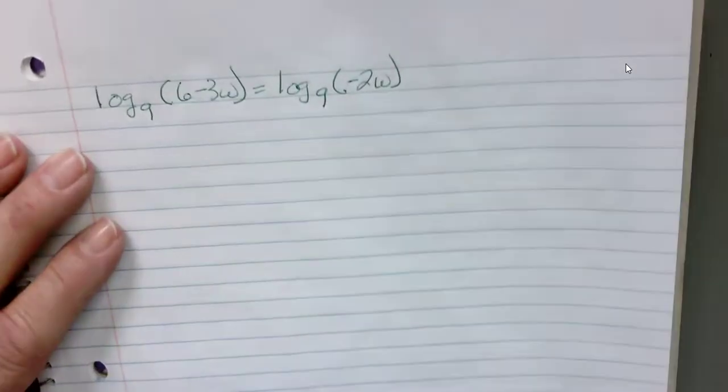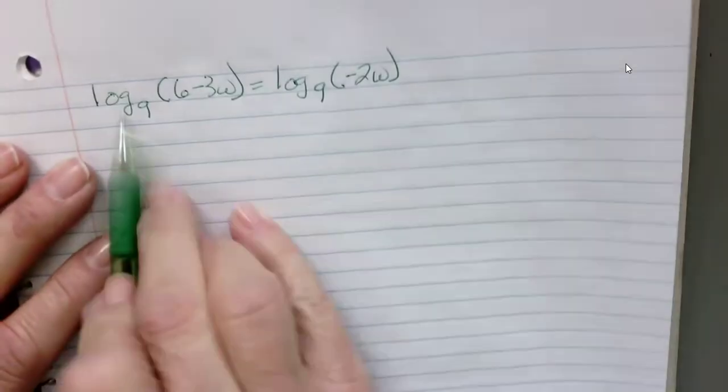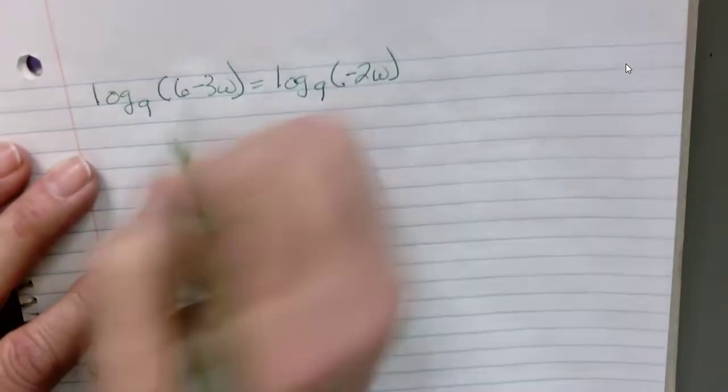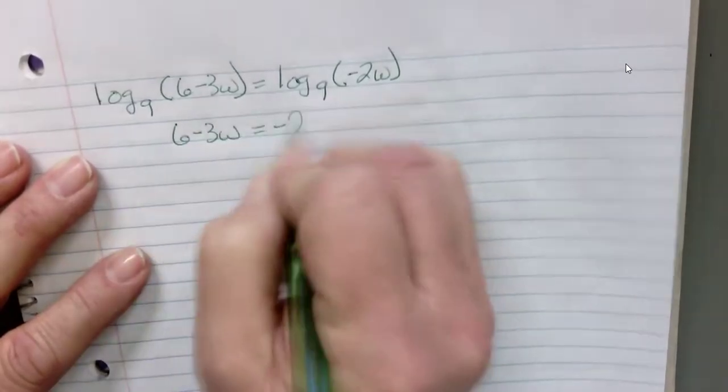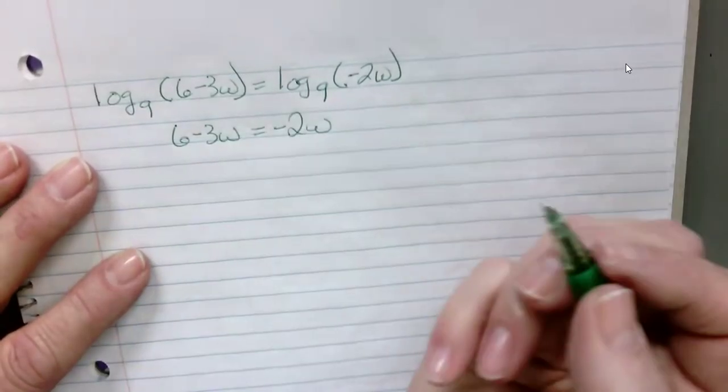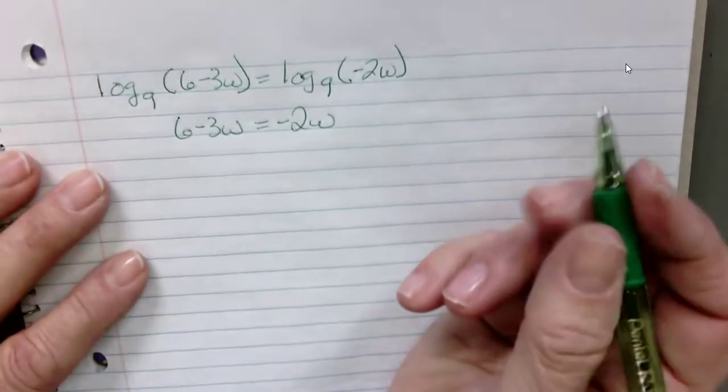We check to see if we can condense. We cannot. So I've got log base 9 on both sides, and I can just get rid of that. And we get 6 minus 3w equals negative 2w. This is Algebra 1 from here out, so please pause. Do it on your own, solving for w.